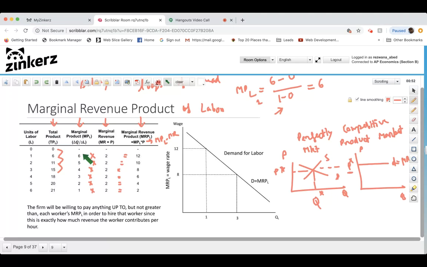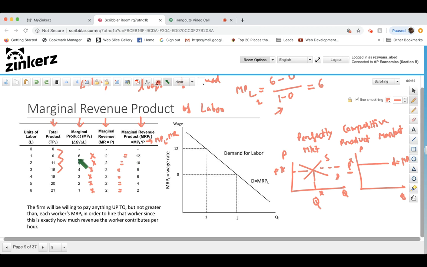His marginal product of labor is 6, and we can sell each loaf of bread for $2. So basically the additional revenue that he is earning the farm is $12 per hour.